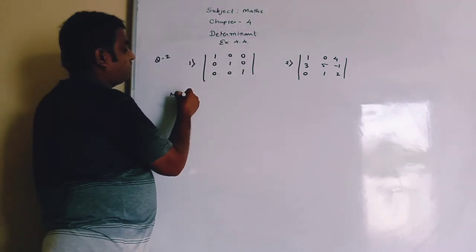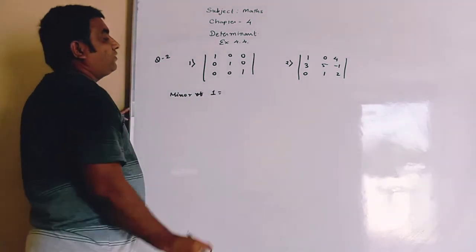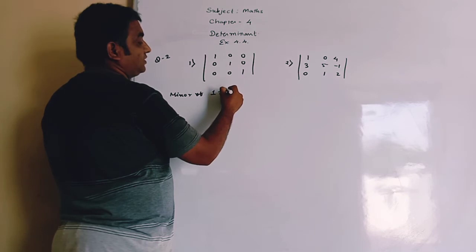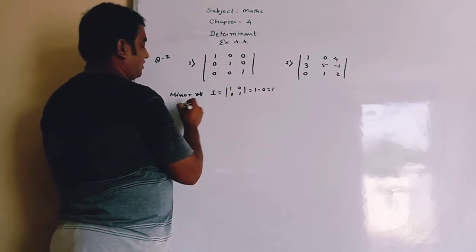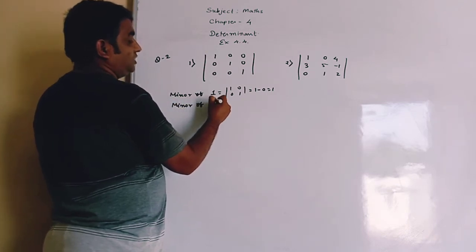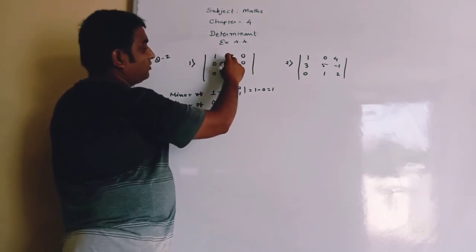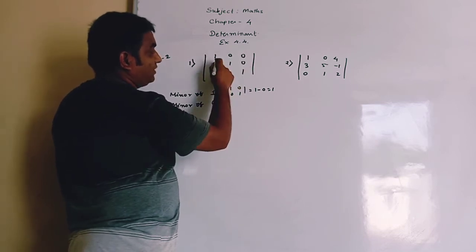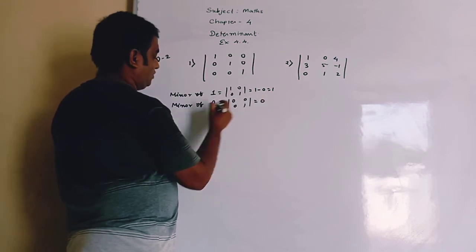So minor of 1, then 1 containing row and column we take, then it is 1 0 0 1. So 1 minus 0, it is 1. Minor of 0 of the first row, second column. So this 0 we remove, and then we get here 0 0 0 1, and so it is 0.